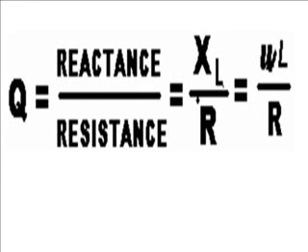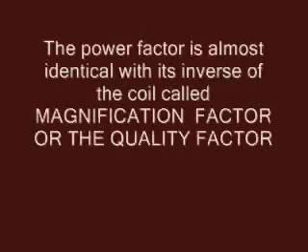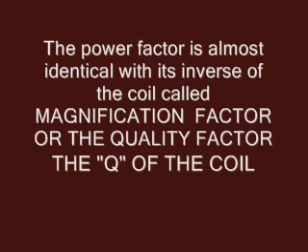Q, the quality factor, is the ratio of reactance to resistance, which is equal to XL by R. This can also be expressed as omega L by R. The power factor is almost identical with the inverse of the coil's magnification factor or quality factor, the Q of the coil.